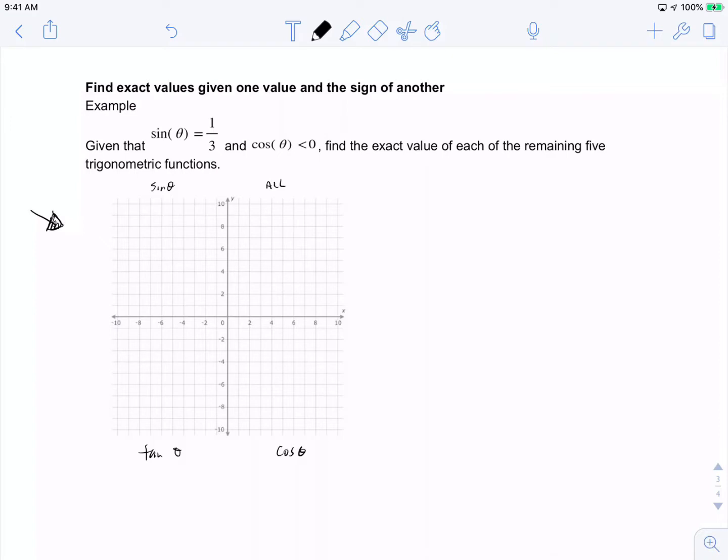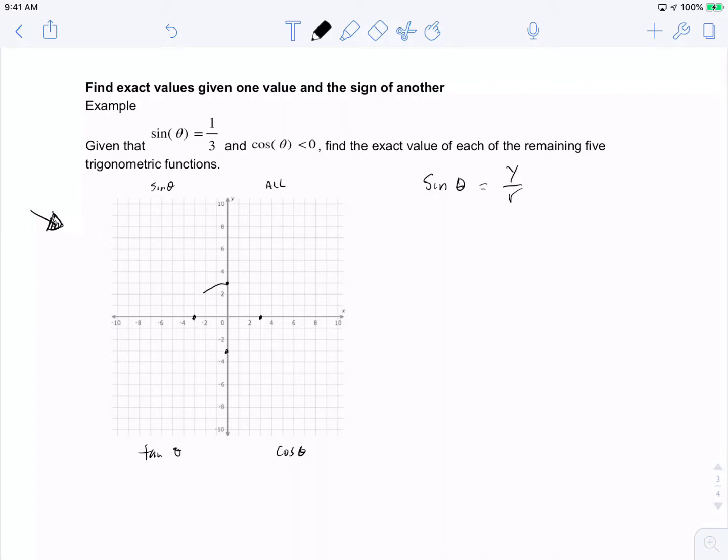Okay? Now something important, again, to remember is that sine of the angle theta is equal to our y coordinate over the radius. So what we know is that the y value is 1 and the radius is 3. So if the radius is 3, let's just see if we can do this circle, right?